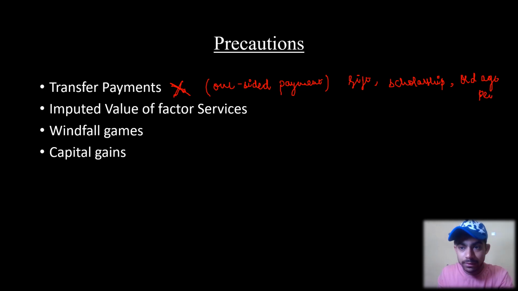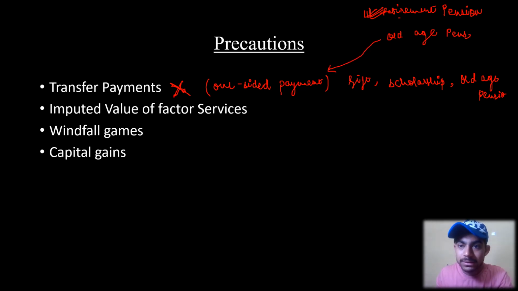There are two things, the retirement pension and old age pension. Often we get confused, and this is often asked in MCQs, whether retirement pension is included or old age pension is included in the national income. Always remember that retirement pension is included in the national income. Old age pension is an example of transfer payment, and hence it is not included in the calculation of national income. We will consider only retirement pension.